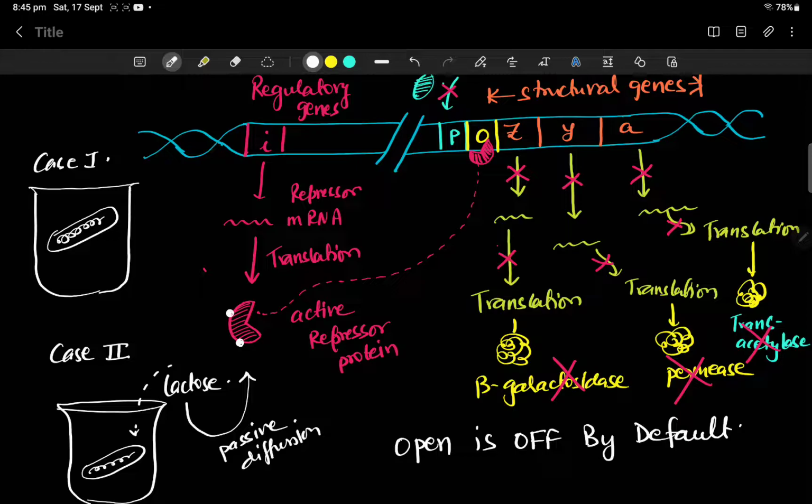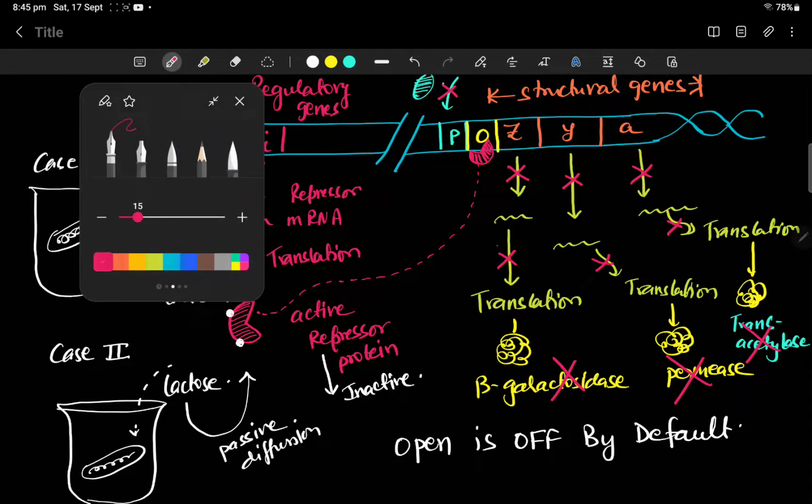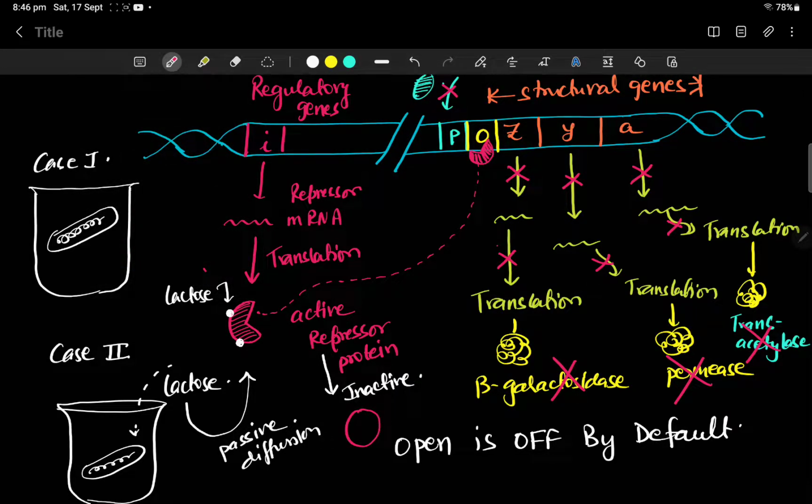And when lactose molecules bind with the active repressor, this active repressor becomes inactive. So this will now look like this. It has become inactive, won't be able to attach to the operator. So it will fall off.